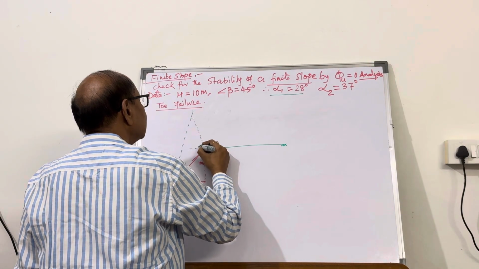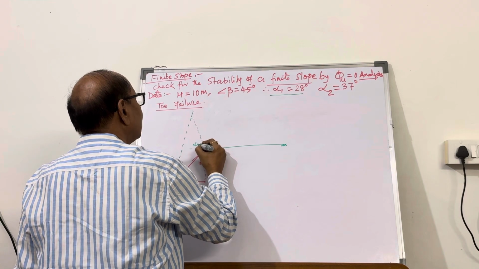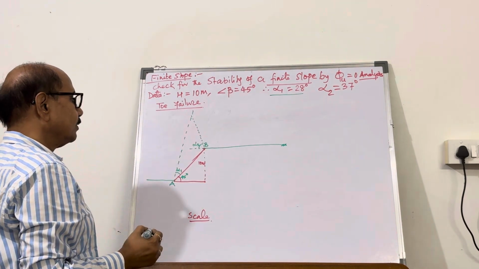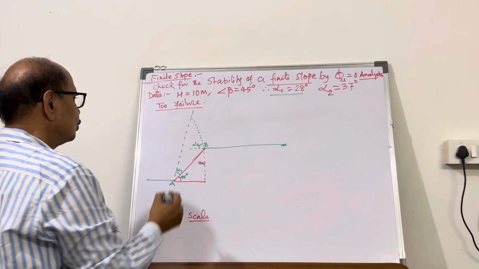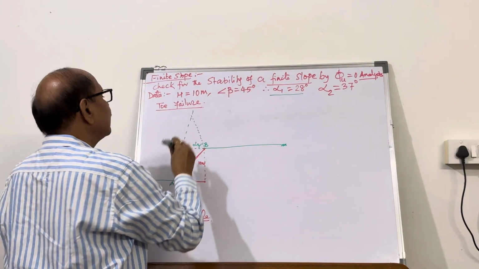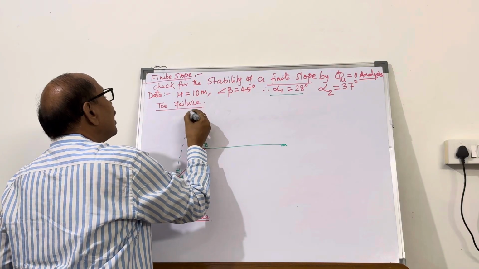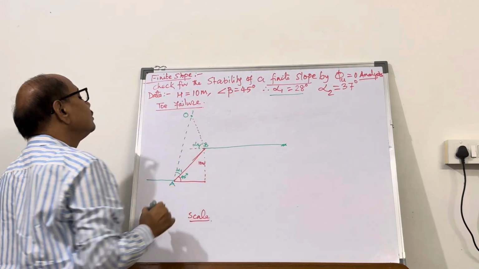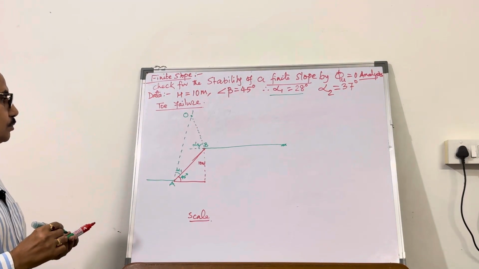So wherever they intersect, you are going to get this point which is taken as O.